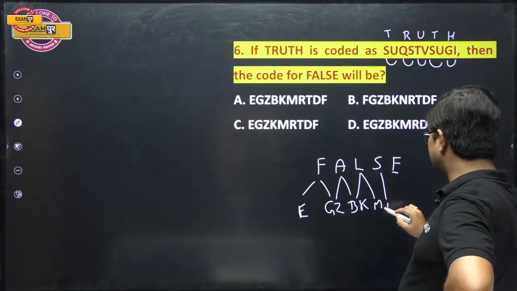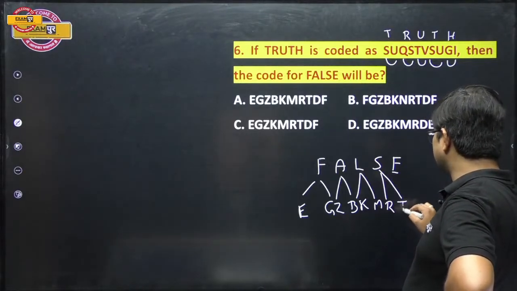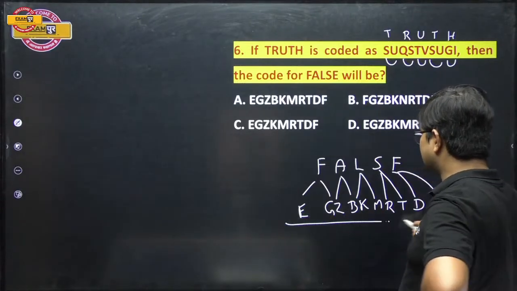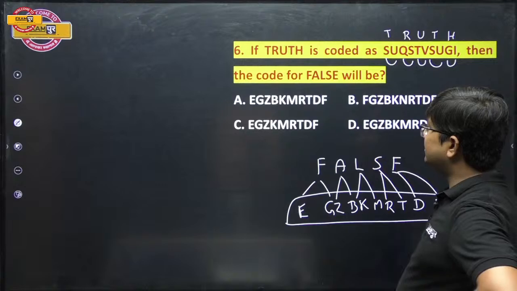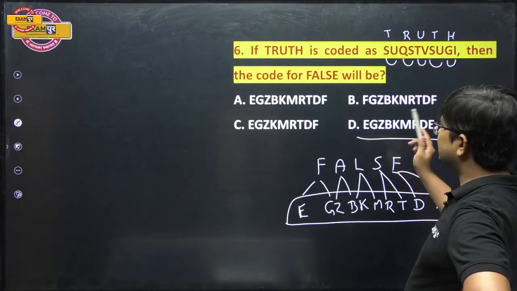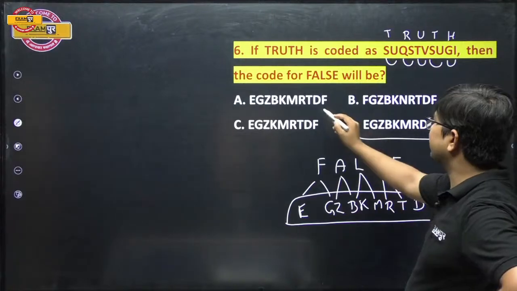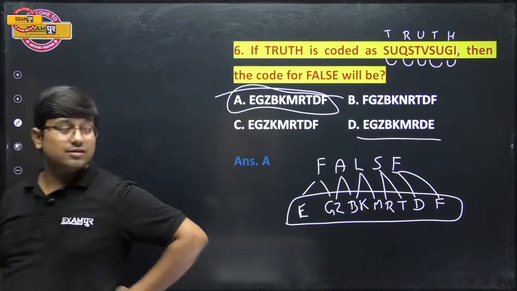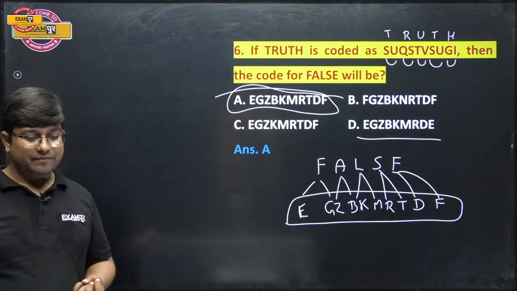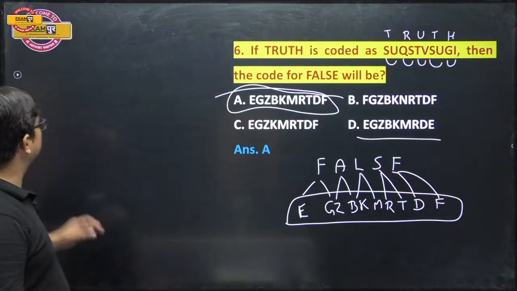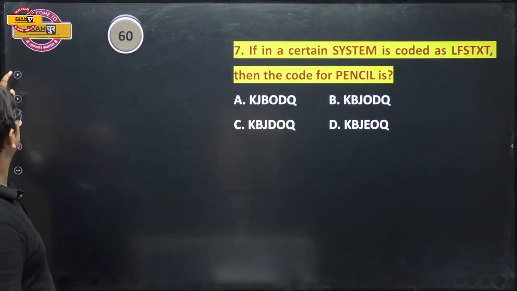Now just before S is R, after S is T. Just before E is D, just after that is F. So E, G, Z, B, K, M, R, T, D, F. Answer is option number A, and that is the right one. Getting it, everybody? Yes or no? I hope all of you are getting this. Moving ahead. Quickly, next one.